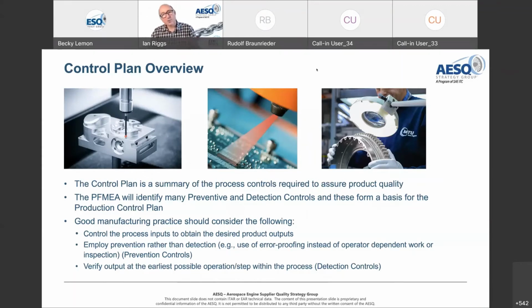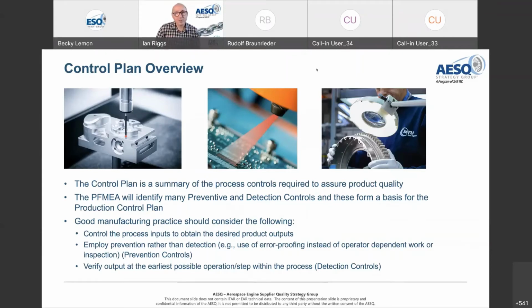The focus of a control plan: if we can control the inputs to the process, then we should get the output. So although it should include the physical check of the product, if we know there's a correlation between process parameters, then checking the process parameters are correct is a really good way of controlling the process to make sure we get the right product outputs.